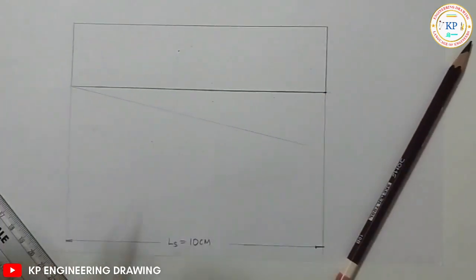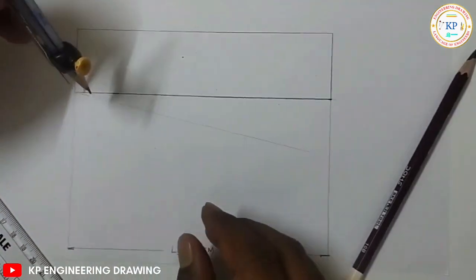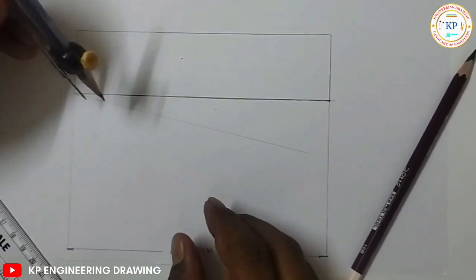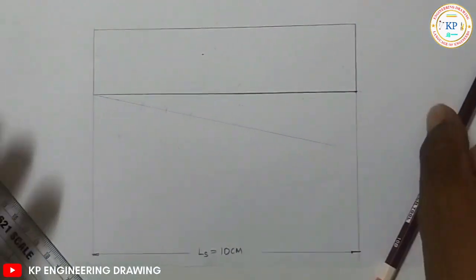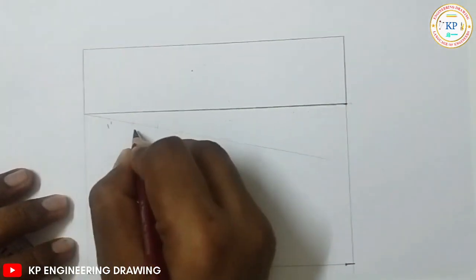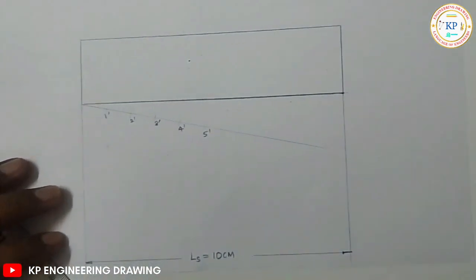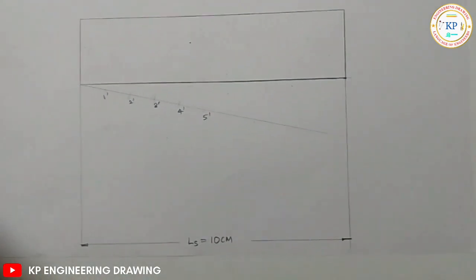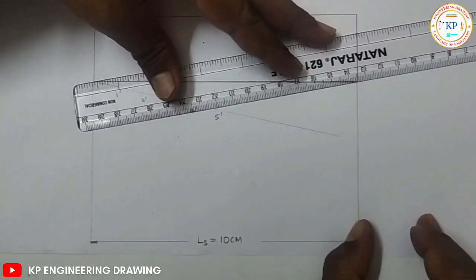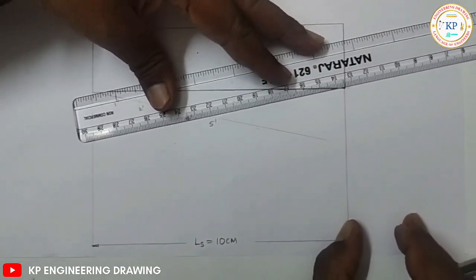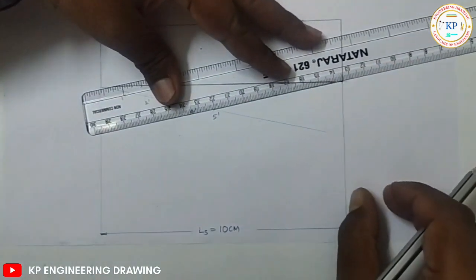Take any convenient radius and go on cutting. So here it is 1 dash, 2 dash, 3 dash, 4 dash and 5 dash. Now you join 5 and the end point with your mini drafter, fix your drafter and go on drawing all parallel lines.